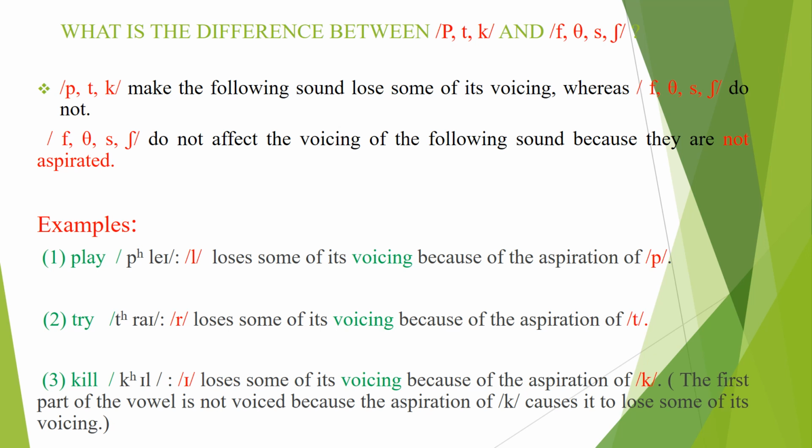In the third example, kill, the vowel i loses some of its voicing because of the aspiration of k. The first part of the vowel in this example is not voiced because the aspiration of k causes it to lose some of its voicing.